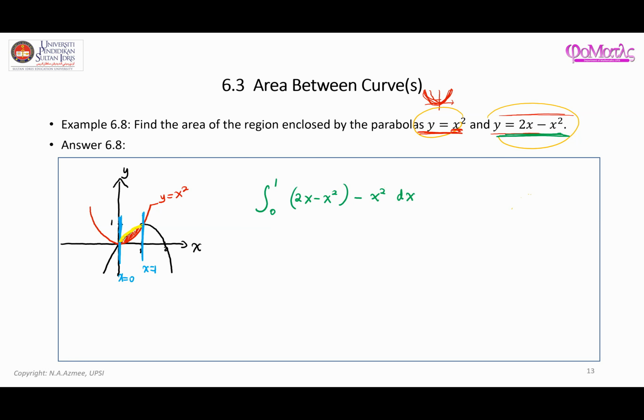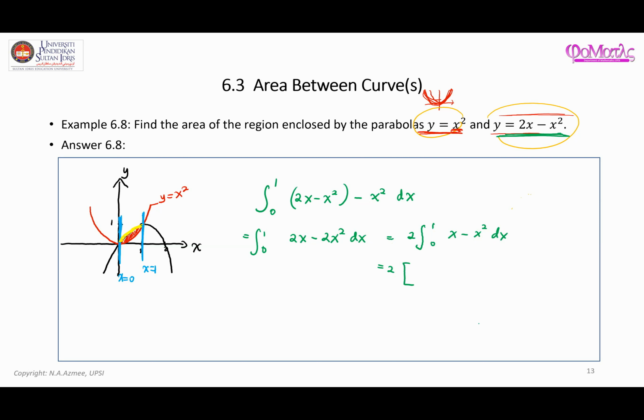You integrate that with respect to x. So 2x minus x squared minus x squared becomes 2x minus 2x squared dx. You can factor 2 out, so the integral from 0 to 1 of 2 times x minus x squared dx.